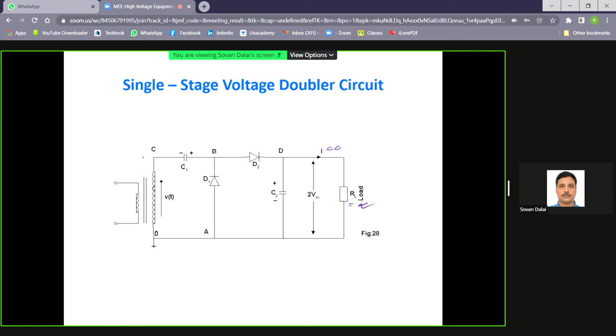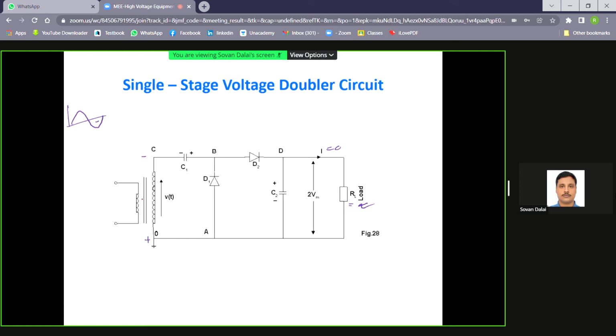For the negative half, we consider negative across this point.